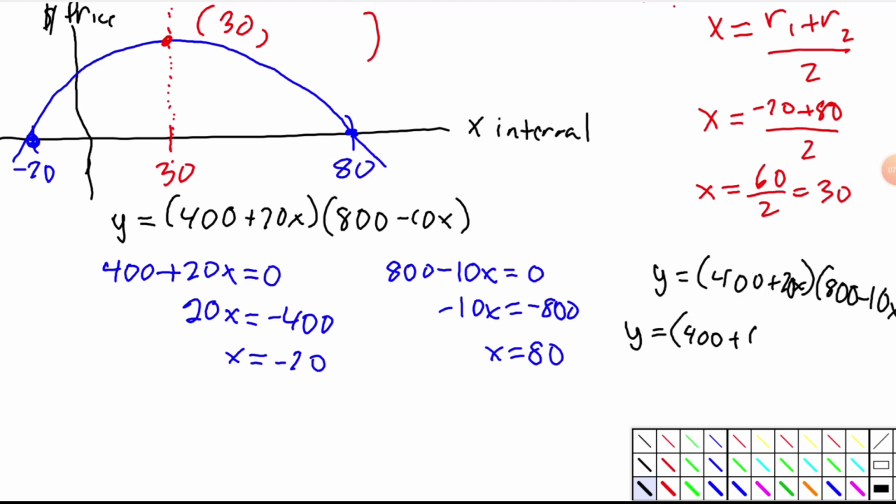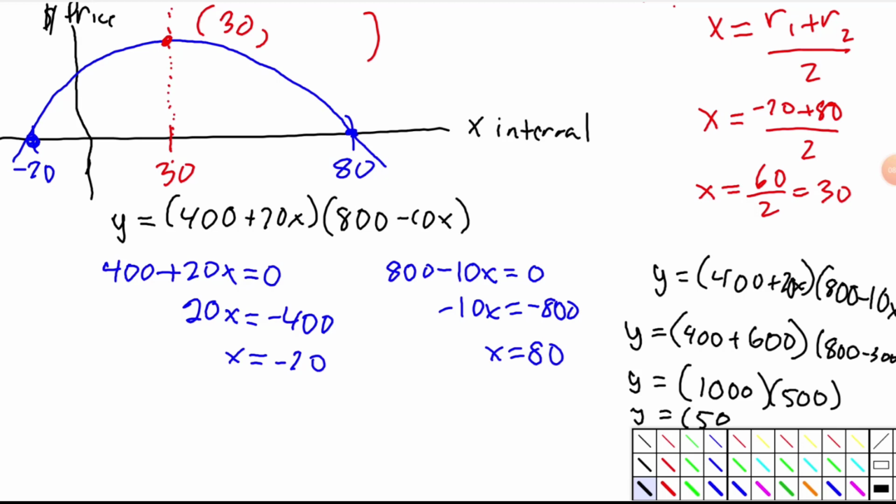So that's 600. And then over here, we get 800 minus 10 times 30, which is 300. So we get 1,000 times 500, which is, your y value is 500,000.